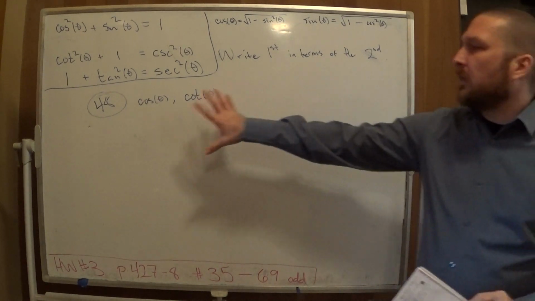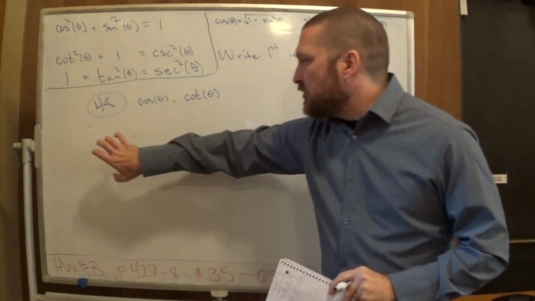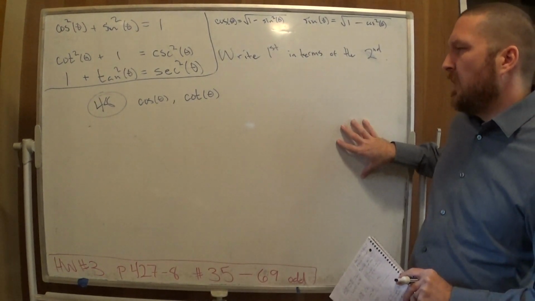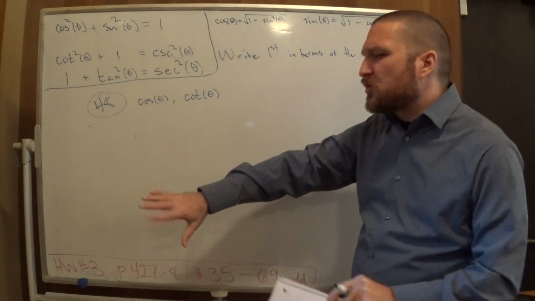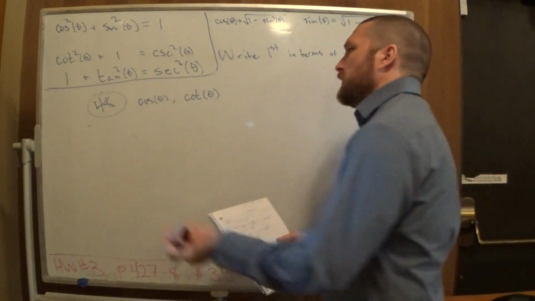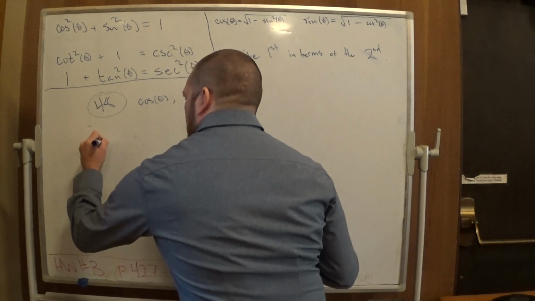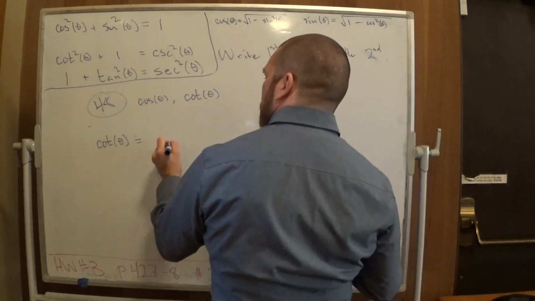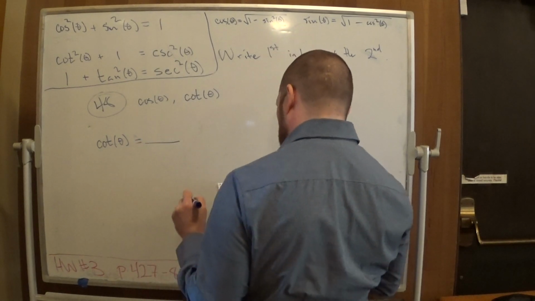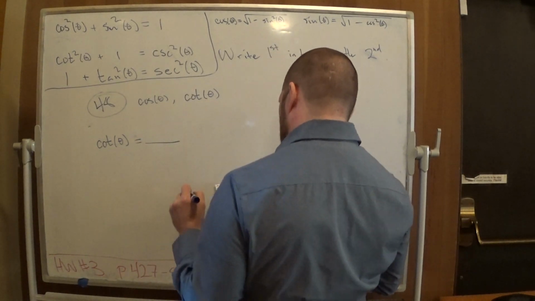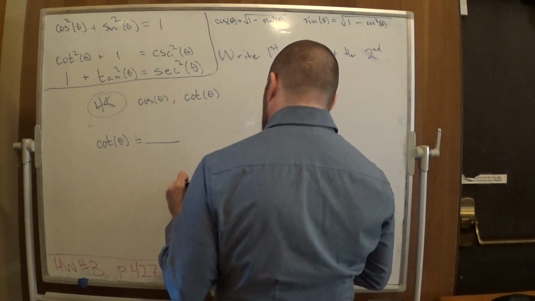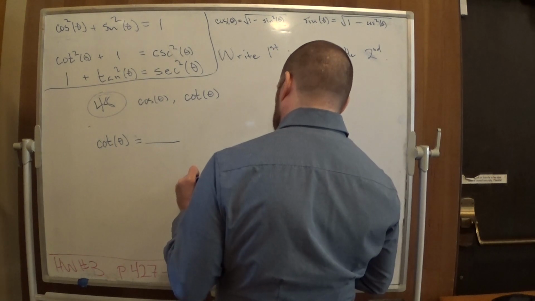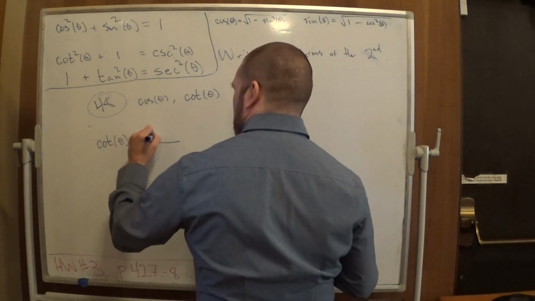I want to walk you through my reasoning here. Normally I would want to write cosine here, do a bunch of work, and then have something involving nothing but cotangents. But maybe I'll do some scratch work first. I do know that cotan theta is equal to what over what in terms of sines and cosines? Cosine over sine.